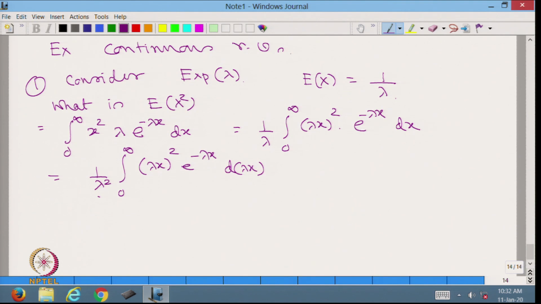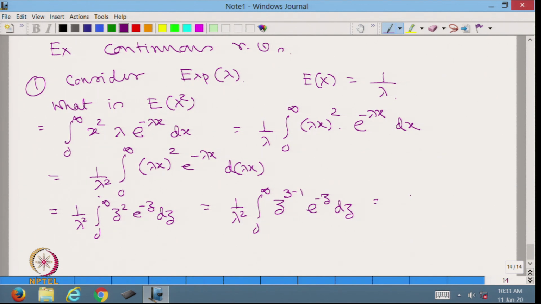Now, this is equal to 1 upon lambda square 0 to infinity z square e to the power minus z dz, which is equal to 1 upon lambda square 0 to infinity z to the power 3 minus 1 e to the power minus z dz. This is coming out to be gamma 3 upon lambda square.